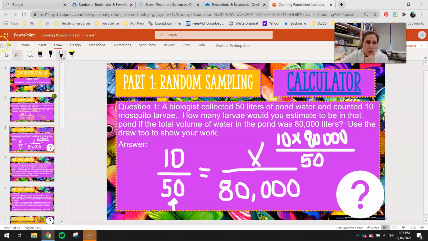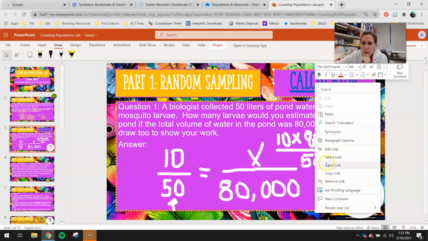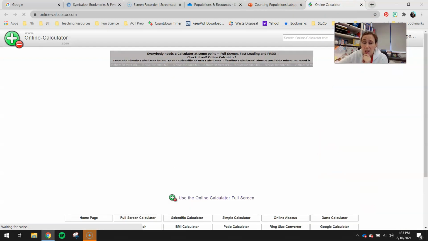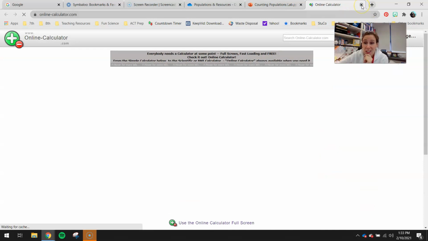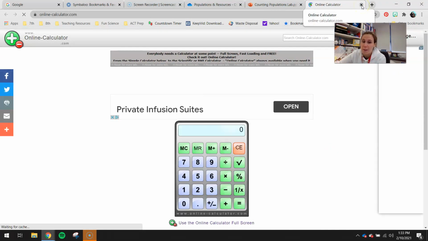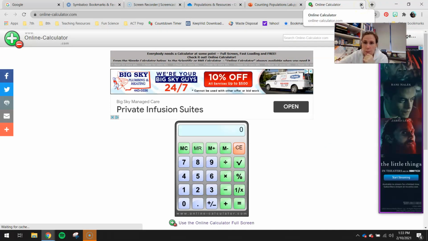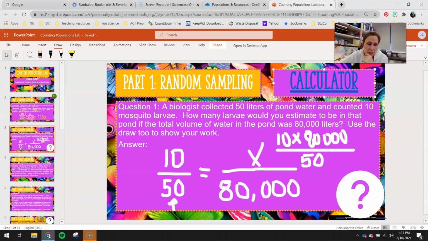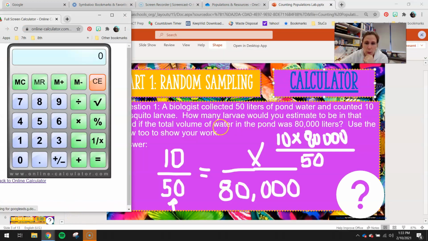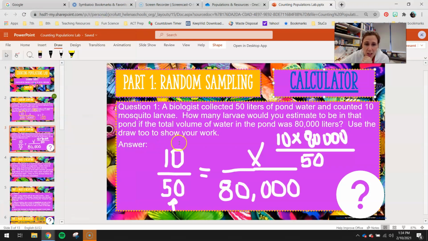Obviously, that's hard math to do, so right-click this link right here and you will pull up a calculator. You will use this calculator again, so I would leave it open. I pulled mine up in a different little screen so I can have it showing while I work. Calculate 10 times 80,000 divided by 50, and that will give you your answer as to how many larvae you would estimate to be in that pond with about 80,000 liters of water in it.